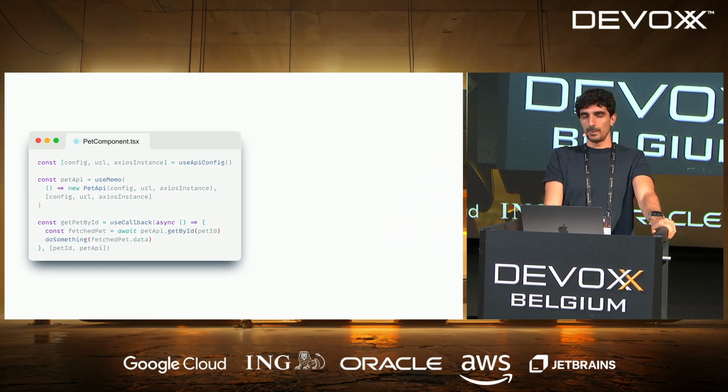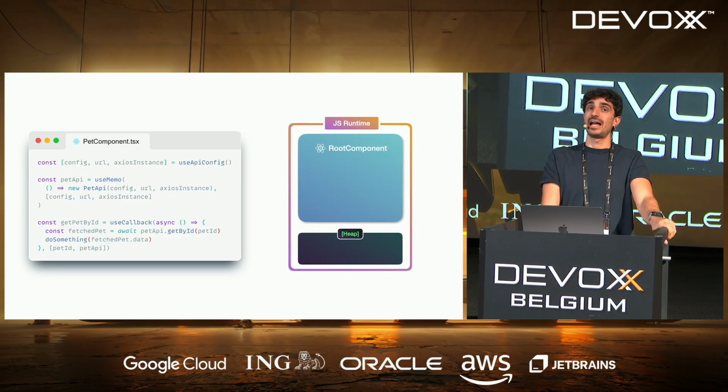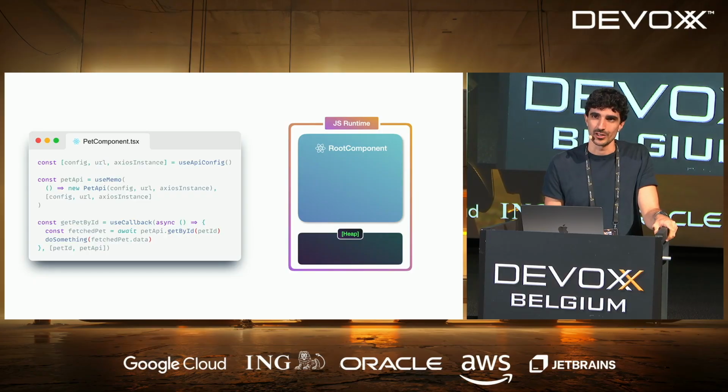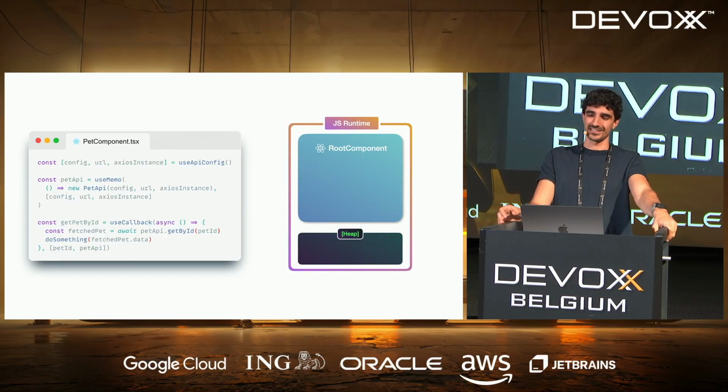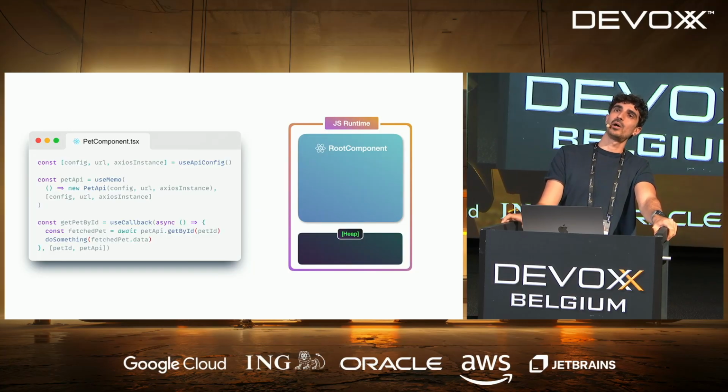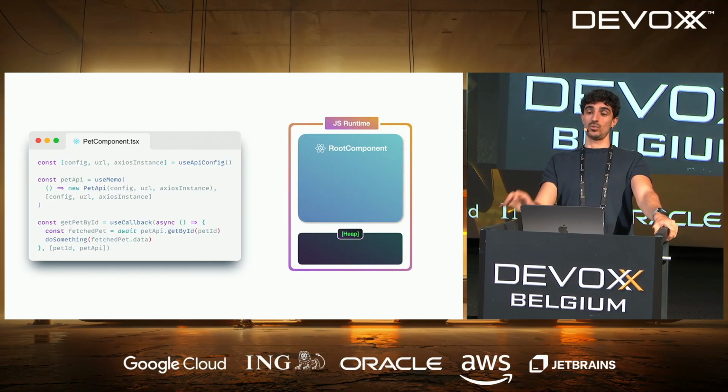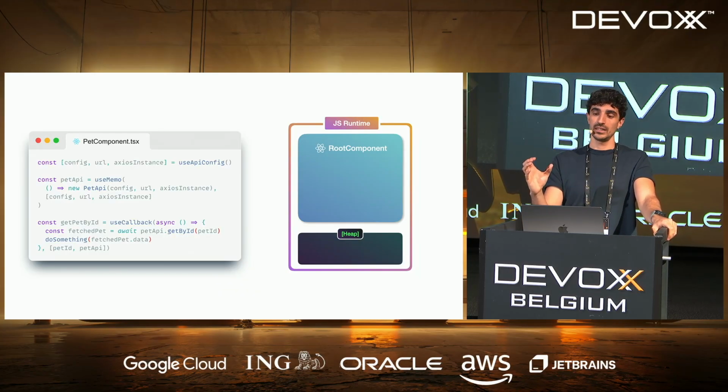But yeah, let's have a look at a simplified simulation, okay? How this would work in the real world. So we spin up our React application. We have a JavaScript runtime here, and there is a root component and the JavaScript heap. All right, it's very much simplified.